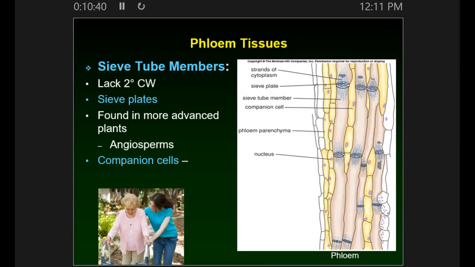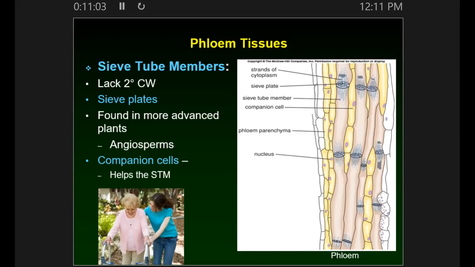They named them appropriately: a companion cell helps the sieve tube member with its physiological needs. The companion cell is busy doing what it needs to stay alive, plus it gives a lot of its resources to its neighboring sieve tube member to keep it alive.